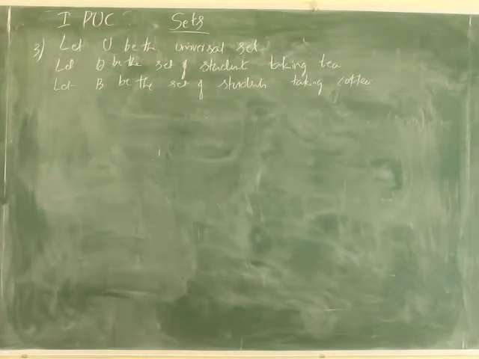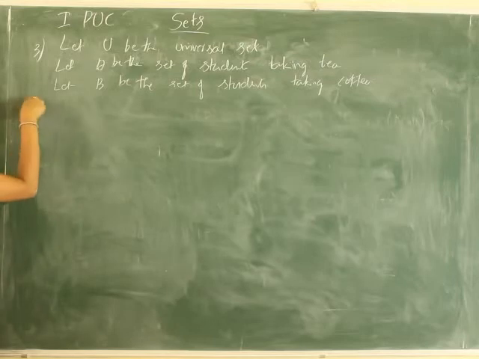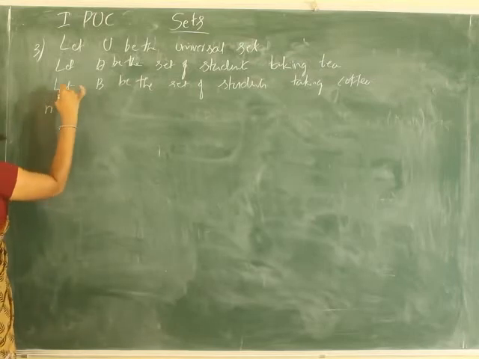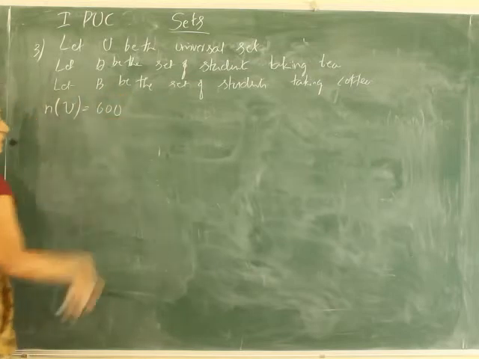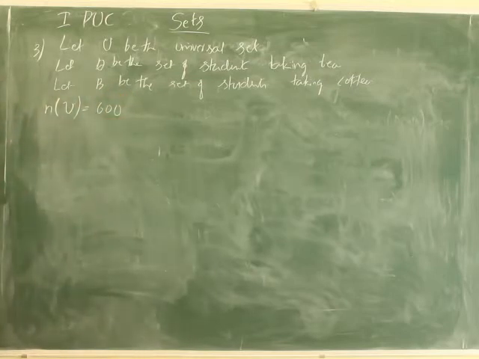Next we write what values are given. A survey of 600 students, so n of U is 600. And n of A, how many are taking tea? 150 taking tea and 225 taking coffee.